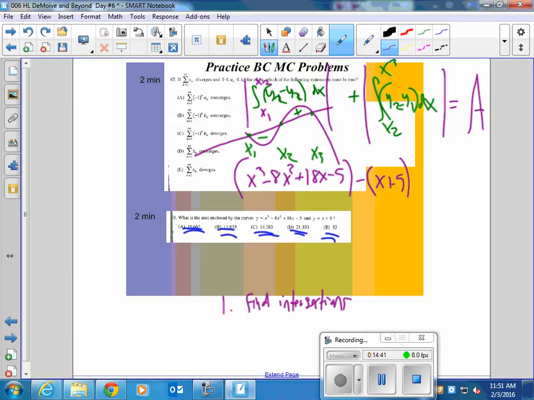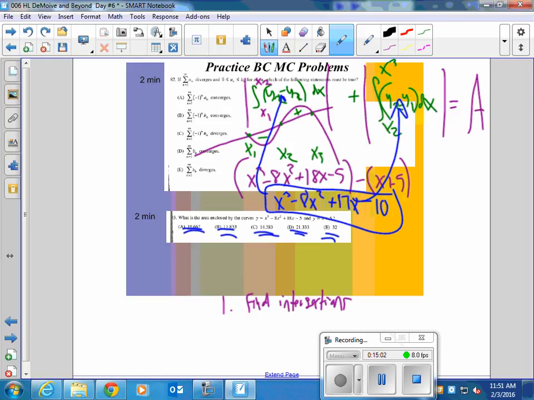So what you would put in your formula would be x cubed minus 8x squared plus 17x, and negative 5 minus 5 is negative 10. That's what you would put in, and then you just integrate that with your calculator. Everybody's okay with that? Function, comma, x, comma, low, comma, high. But you've got to find those intersections first.